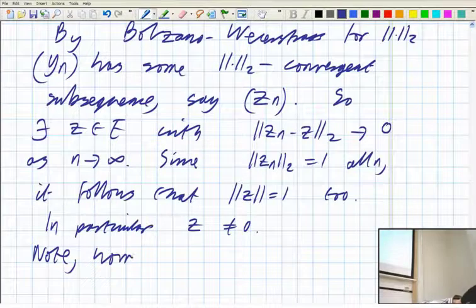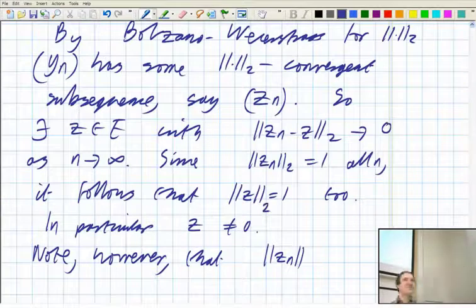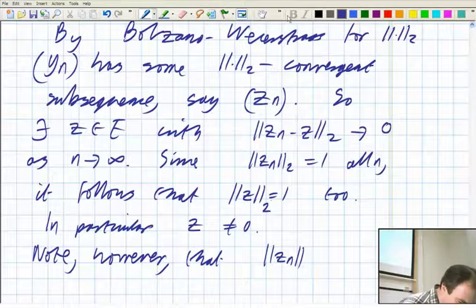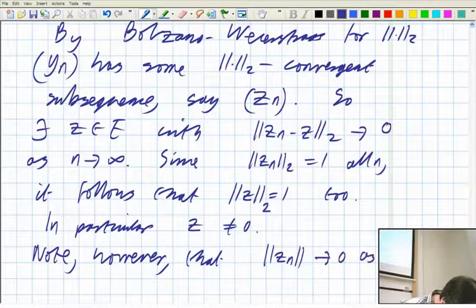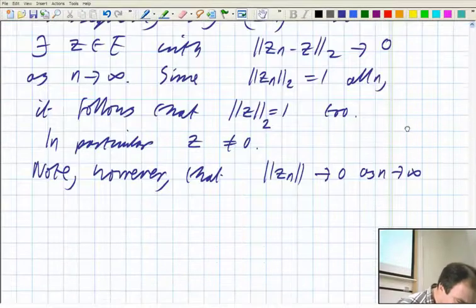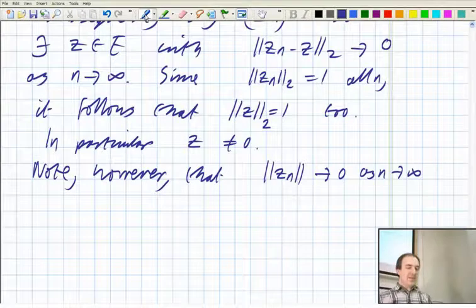Note, however, that the 2 norm of z, don't let me lose my 2, is what I've shown to be 1. So it's the 2 norm of z that was 1. But the ordinary norms, without the 2, of the zn, we know are tending to 0. But now something interesting happens. This is where we use the thing we already have in an unexpected way.